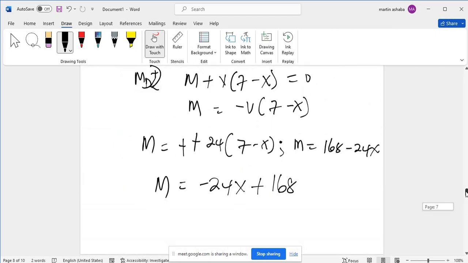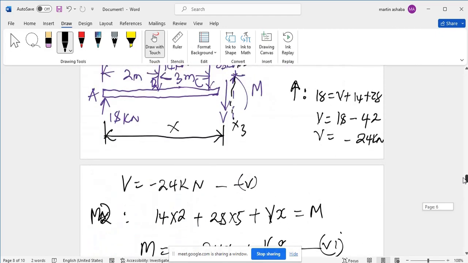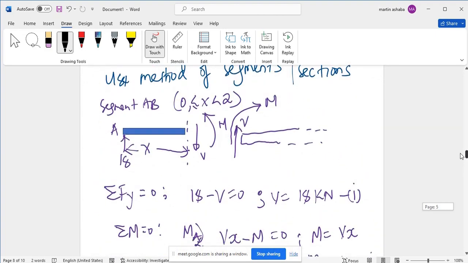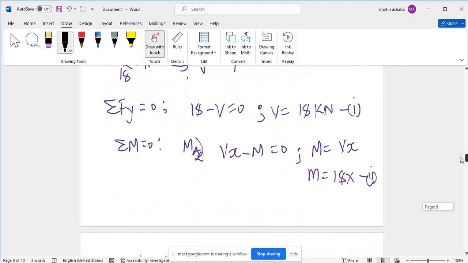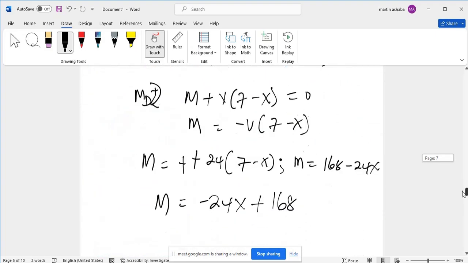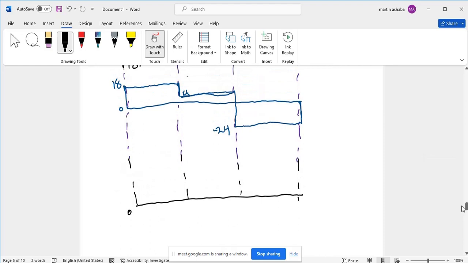But still, even if you don't want to keep that in mind, you can use the equations that you generated. So let us start from segment AB. The equation that is going to assist us in drawing the bending moment diagram between A and B is M equal to 18x. 18x means that you're going to move a distance x from 0.